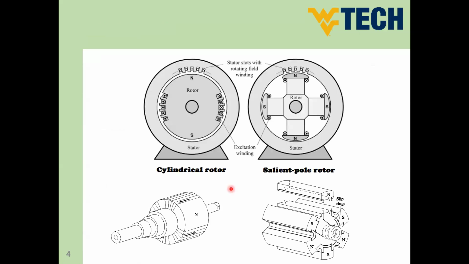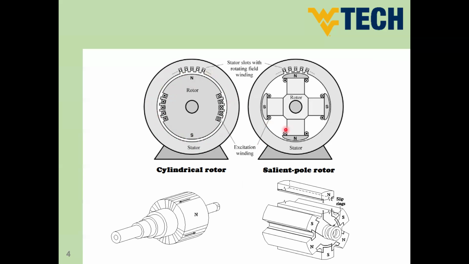Let me show you that in this slide. This one on the left-hand side is called cylindrical, because the surface of the rotor represents a cylinder. This is why we call it cylindrical type.